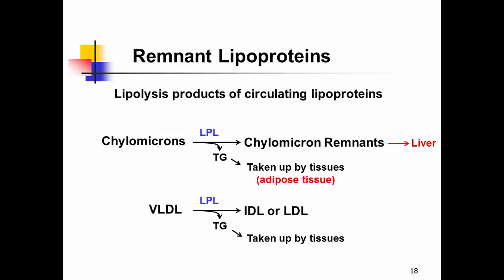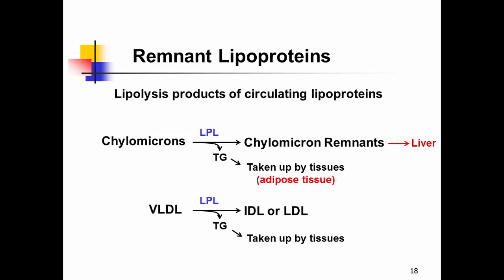So once chylomicron is transported from the small intestine to the adipose tissue, first of all, we mentioned many times, right? The lipoprotein lipase, which is synthesized from adipose tissue, needs to break down the triglyceride in chylomicron and release fatty acids.